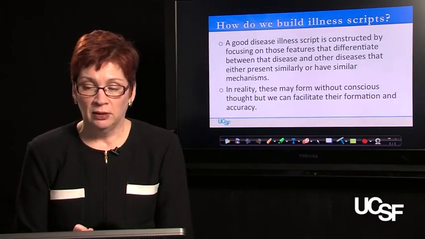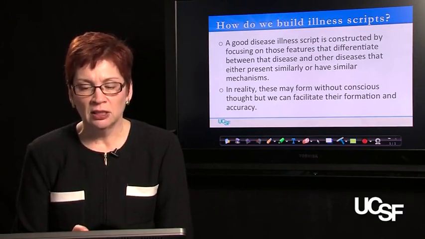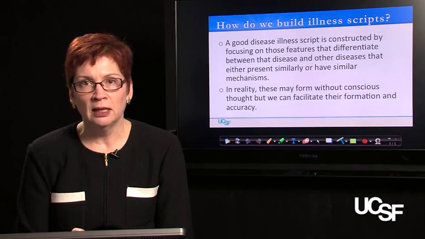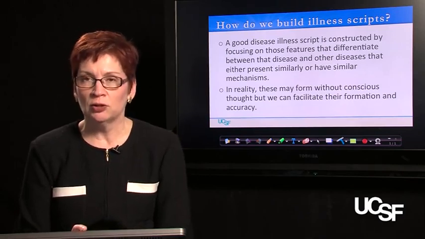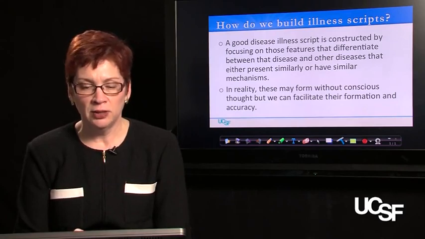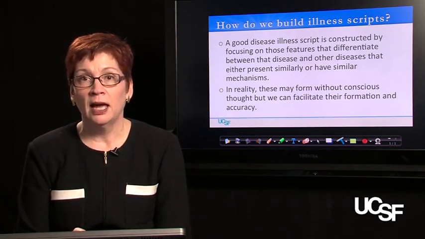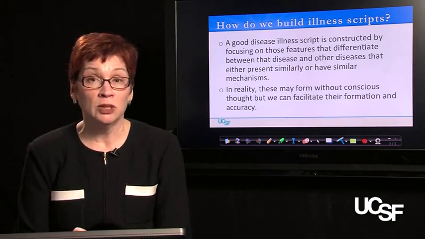So, how do we build those illness scripts? Well, a good disease illness script is constructed by focusing predominantly and foremost on those features that allow you to differentiate that disease from other diseases that might present similarly or have similar symptoms, like our case with Mr. Leader, the man with pharyngitis.